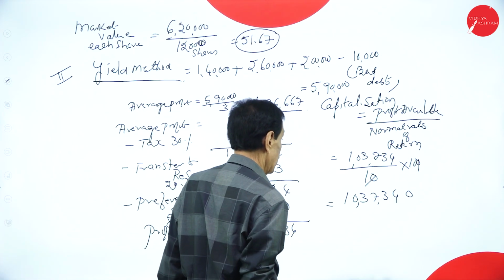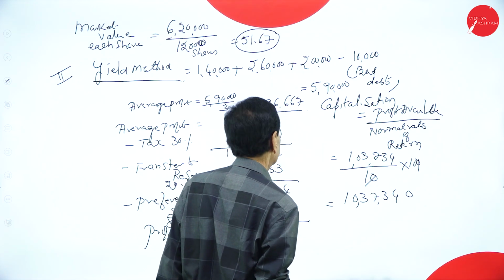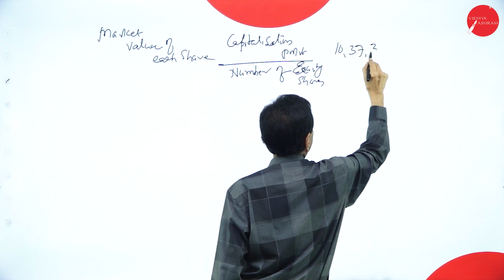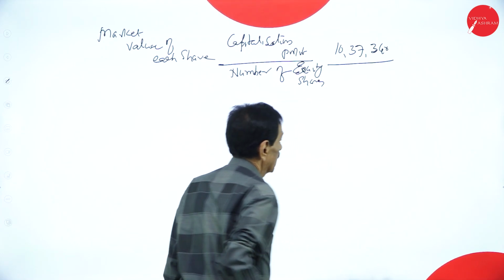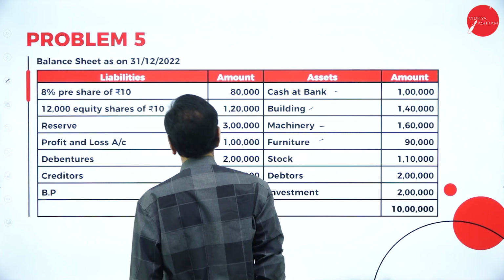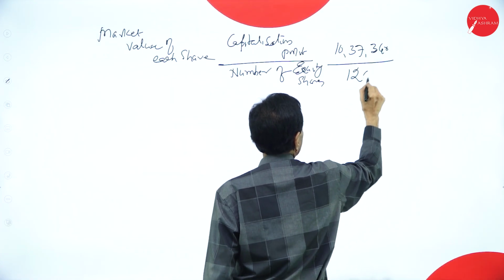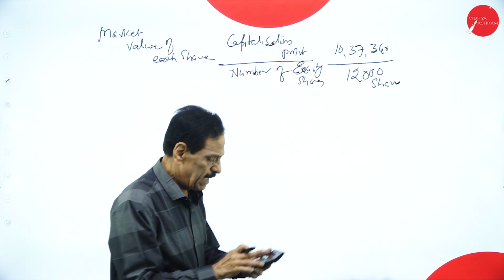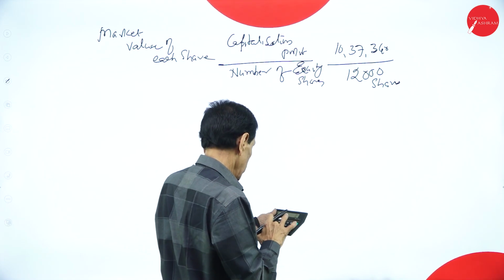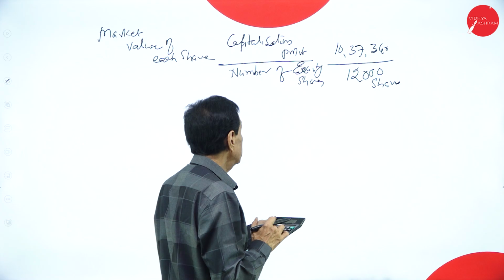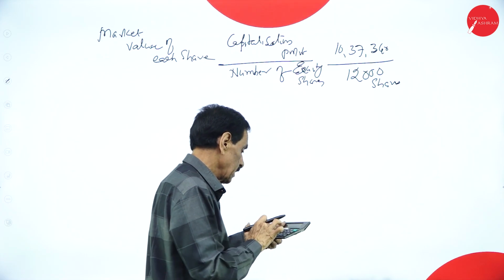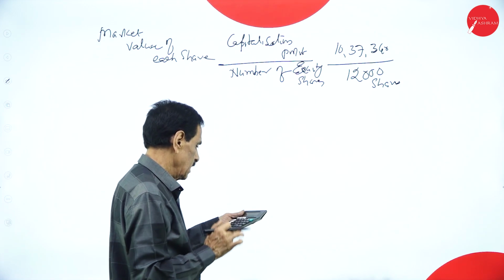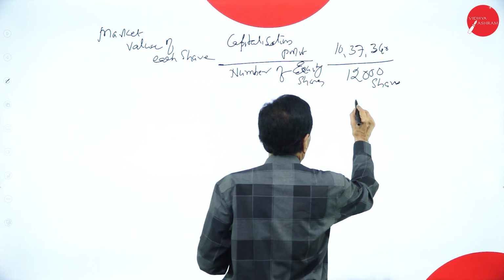What's your capitalization of profit? 10 lakh 37,340, divided by number of equity shares, 12,000. 10 lakh 37,340 divided by 12,000 is equal to 86.44.